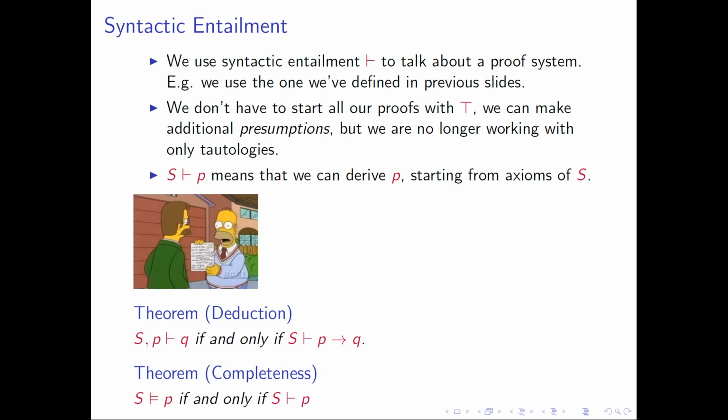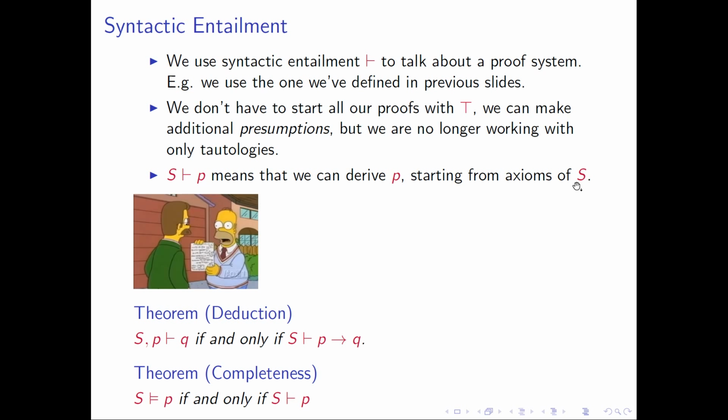What we could do instead is start with presumptions, some other additional axioms which may not be tautologies, and see what we can prove from there. So that's where our S comes in. S syntactically entails P means that we can derive P starting from the axioms of S.